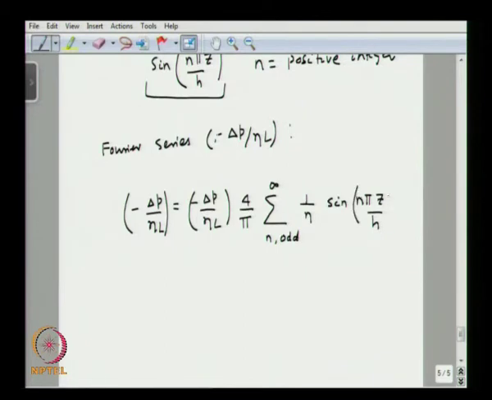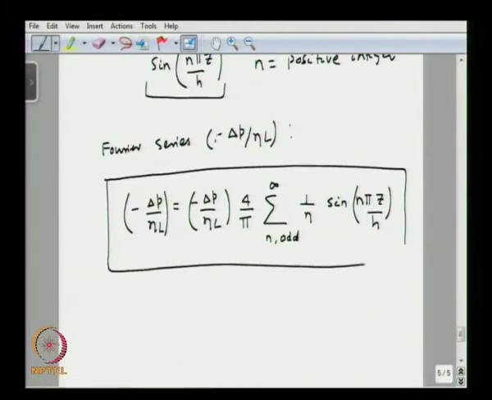This is how we can express the right hand side in Fourier series. This summation term will yield pi by 4, which will get cancelled, so you would have the same term minus delta p over eta L.